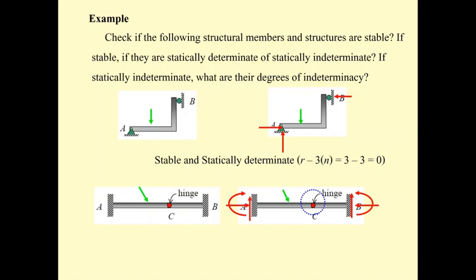The structure is statically indeterminate because the unknown is 8 and the number of equations of equilibrium is 6. And it is stable. The degree of indeterminacy is 8 minus 6, which is 2 degrees of indeterminacy.